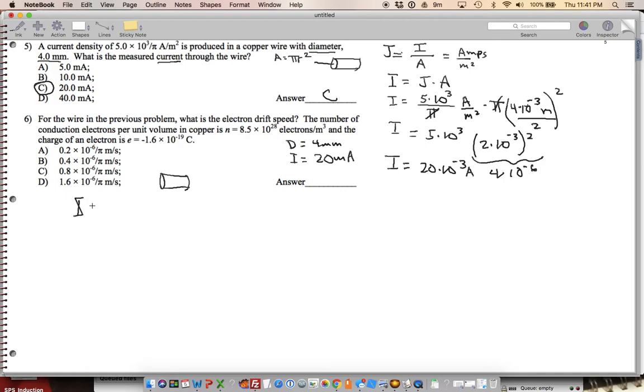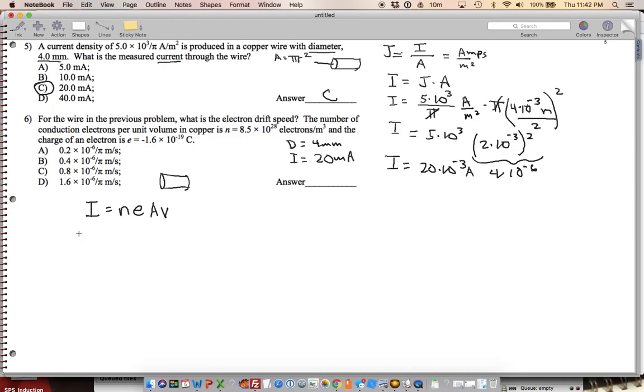Current is equal to the number density, N, times the charge, E. So that's the number of electrons times the charge. Now I have charges per volume, because this is a number per volume. Number of charges times the charge on an electron, and then the volume is in here. And then A for the area times V, the velocity.